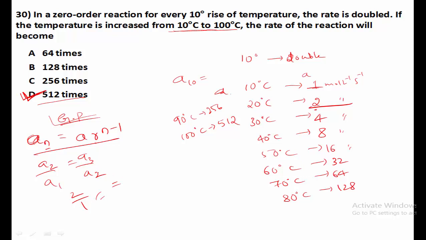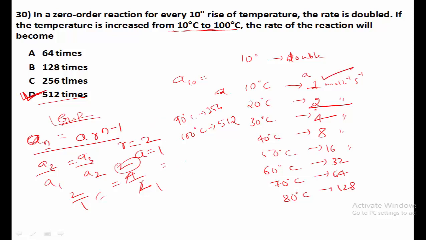And again similarly A3 divided by A2: A3 means 4 divided by A2 which is 2, 2 twos are 4, so again you will get 2. Similarly you can take all the other values, the ratio will be 2 only. So the r value is equal to 2 and the A value is equal to 1. So initially the rate is 1 mole per liter per second.